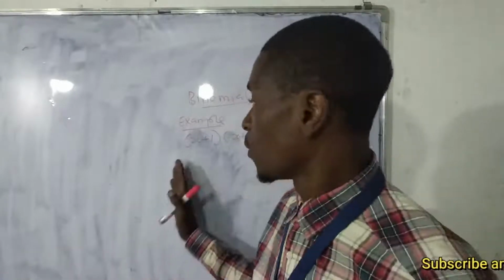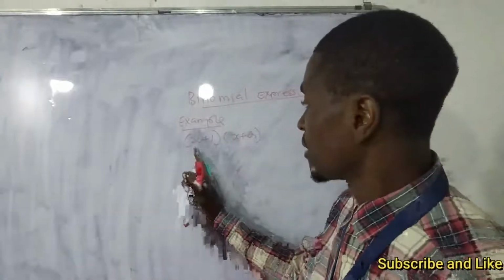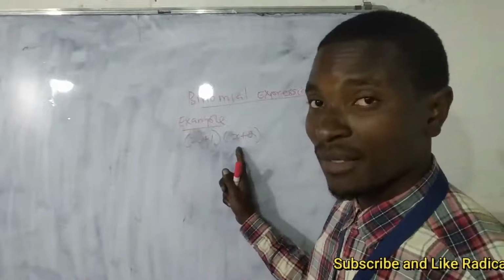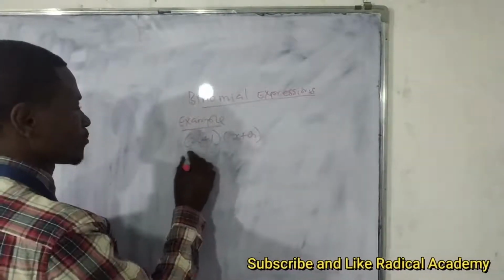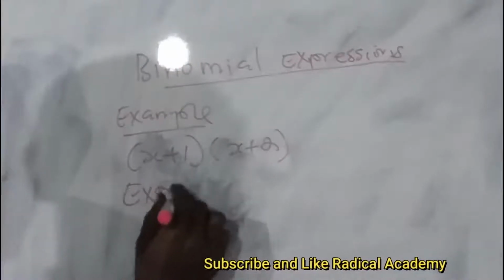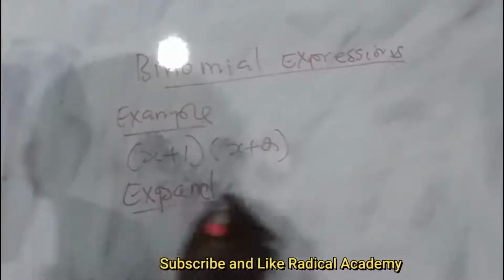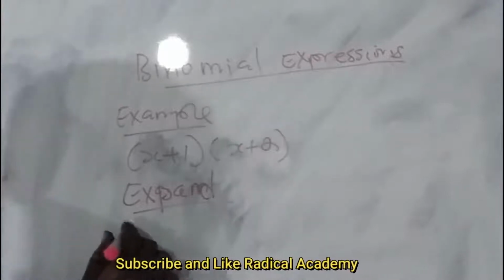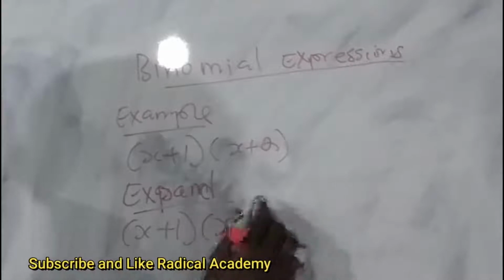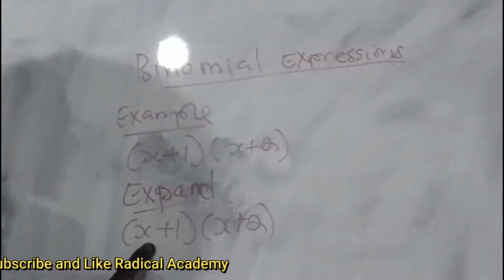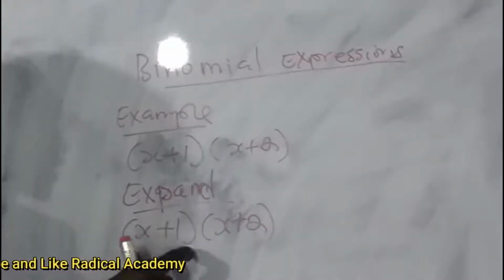Now considering this example, let's see how we can express this binomial by using the method of expansion. We are going to expand this multiplied by this. What this means is that for x plus 1 times x plus 2, we factor out each term in the first expression.